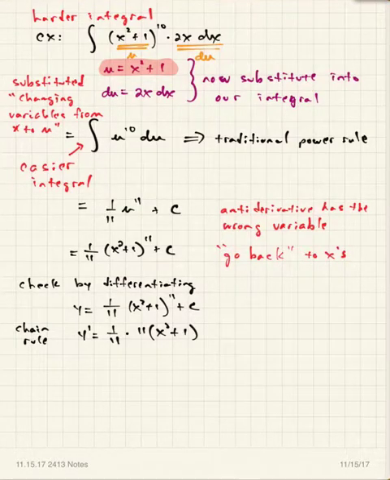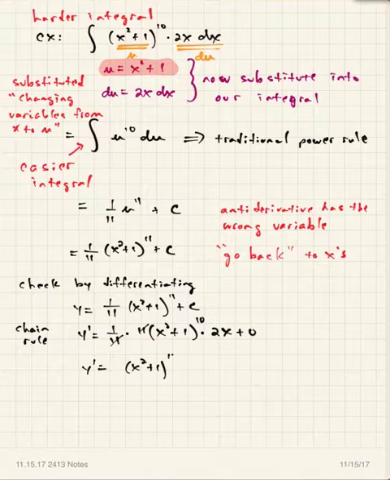So we'd bring the power down in front, subtract 1 from the power, and then multiply by the derivative of the inside, which is 2x. And then the derivative of c is 0, so you get plus 0 right there. The 11s divide out, and so you get y prime is equal to x squared plus 1 to the 10th times 2x. And sure enough, that's our original function. And so we have found the correct antiderivative.